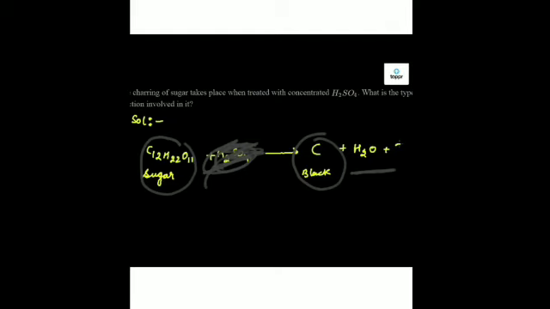So sugar gets charred. So we can say that sugar consists of carbon, and carbon burns in oxygen to form carbon dioxide and black residue. Is it clear? So carbon is present in sugar. This charring shows that carbon is present in sugar.